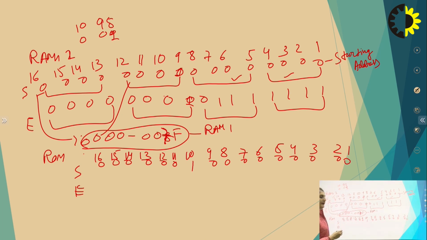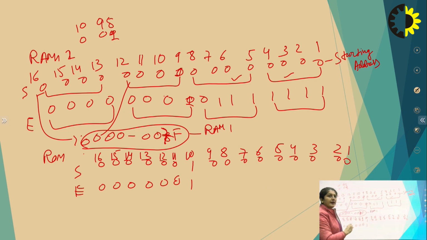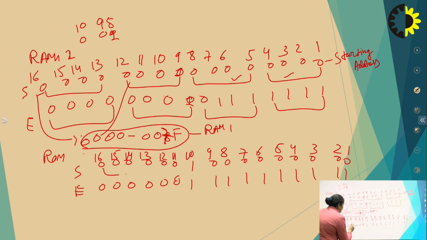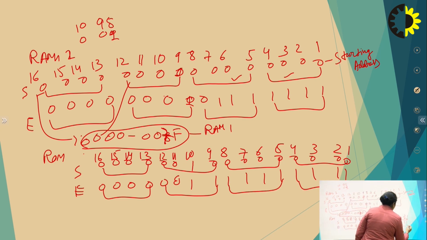Similarly, for the ending address, the 10th bit will be 1. And from 1 to 9, the ending bits will be 1, 1, 1, like we have done for the RAM. Then we will make groups of 4. So what do we get as the starting address?